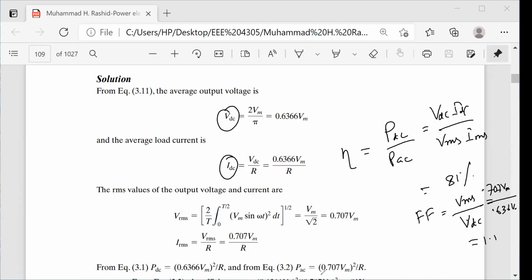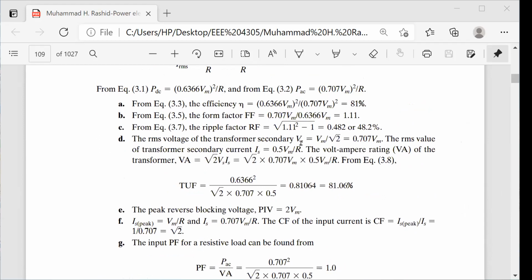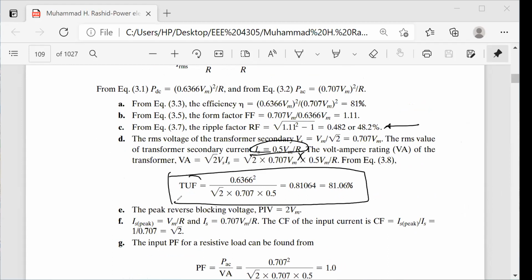And then the ripple factor will be the square root of form factor squared minus 1. That is this one, and this is 48.2%. And then the transformer utilization, I don't know how they get this one. That is why I have already given you the derivation of the transformer utilization ratio. You use my derivation that I have already posted in the messenger. Okay, sir.